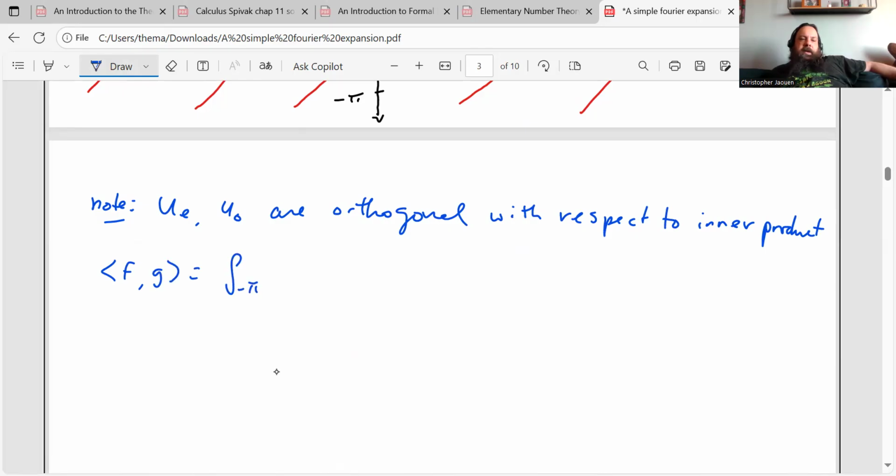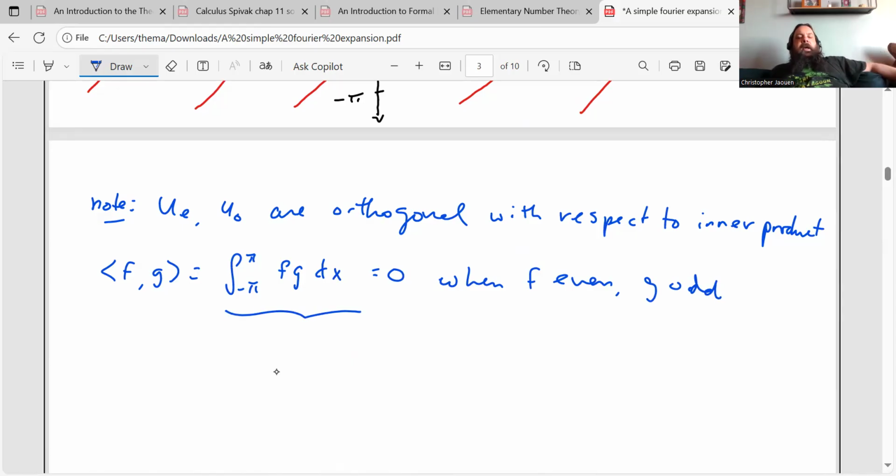Let's say we go from negative pi to pi, fg dx. This is equal to 0 when f is even, g is odd. So this is the sense in which it doesn't necessarily have to be this integral itself, but just should suggest in what sense I meant yesterday that the even and odd functions are orthogonal to each other. If you don't know what an inner product is, or you don't know integrals, don't worry about it. I just wanted to mention that.